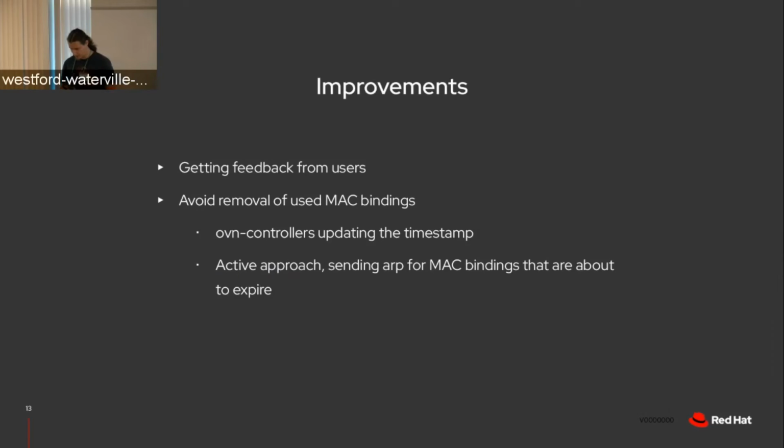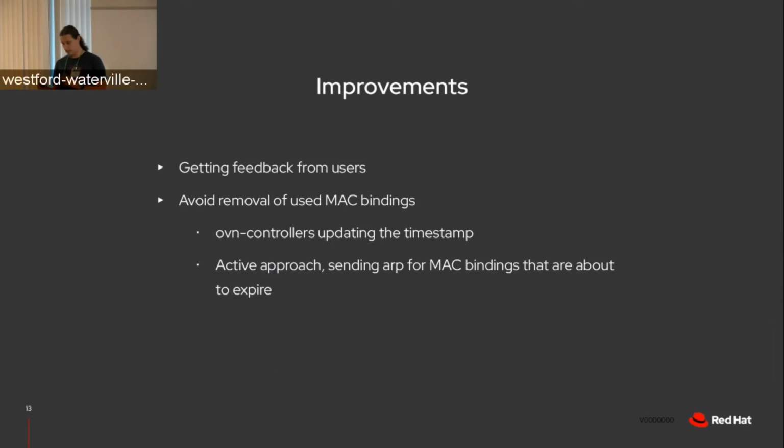Some things for future improvements that we have already discussed: basically, we would like to avoid the problem of removing the MAC bindings that are in use. So we want some mechanism. It is not clear how to do it yet, right?